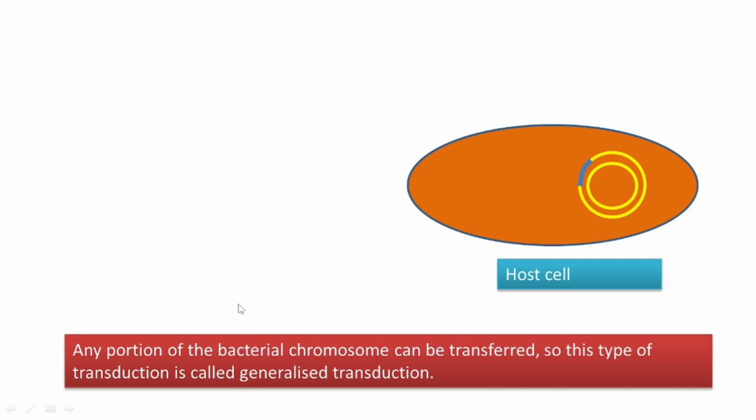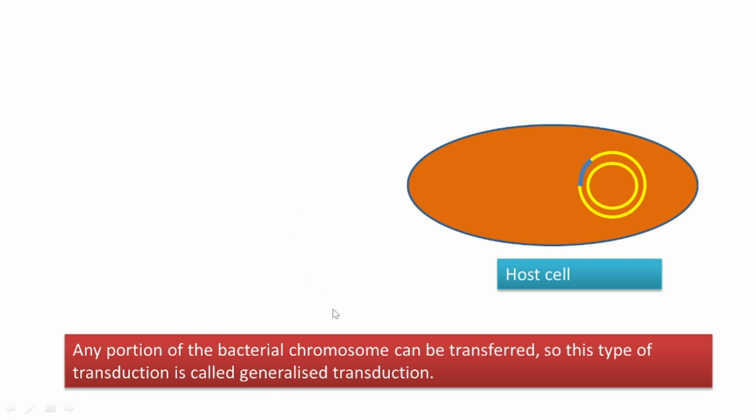And one more point: why is it called generalized transduction? Because it is not specific that a particular fragment of the first host bacterial chromosome gets packed inside the protein coat. All fragments have the same chance of getting packed inside the protein coat.